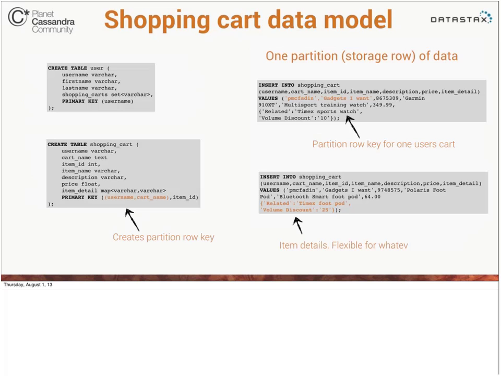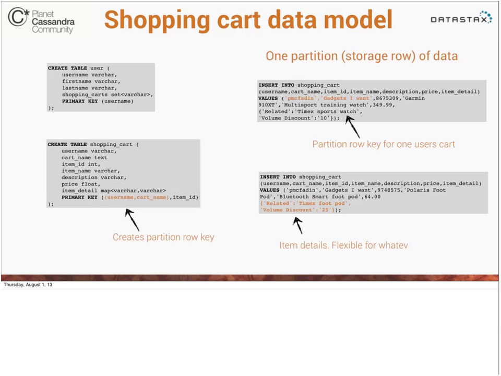So what we're going to do here is we're going to use a couple of cool techniques. My first table is going to be my user table. The data model is pretty standard, but we're adding this extra element, which is the shopping carts, with a set. A set, if you recall, is a collection that's available in CQL.